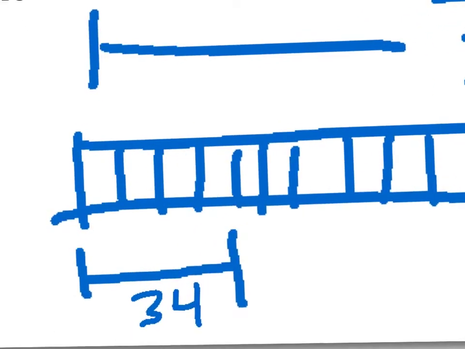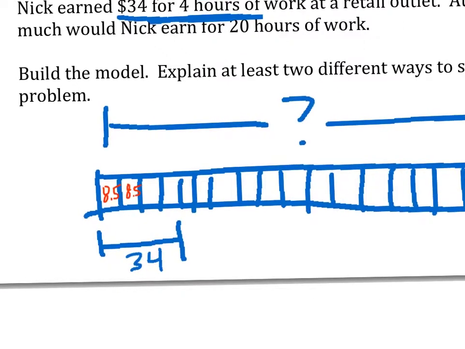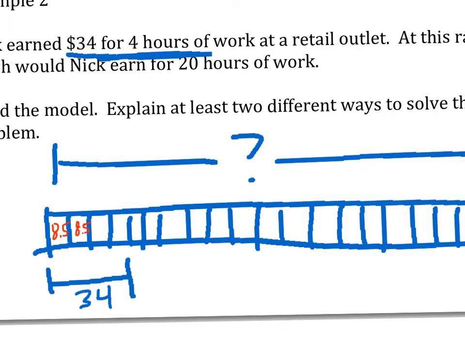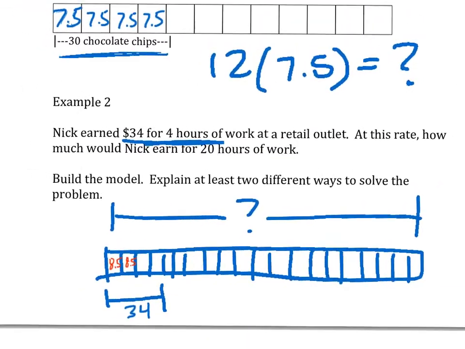Let's see if we can squeeze that in there. So I'll put in 8.5. Even though we're talking about money, it'll be $8.50. Okay. So you can take it from there, I believe.